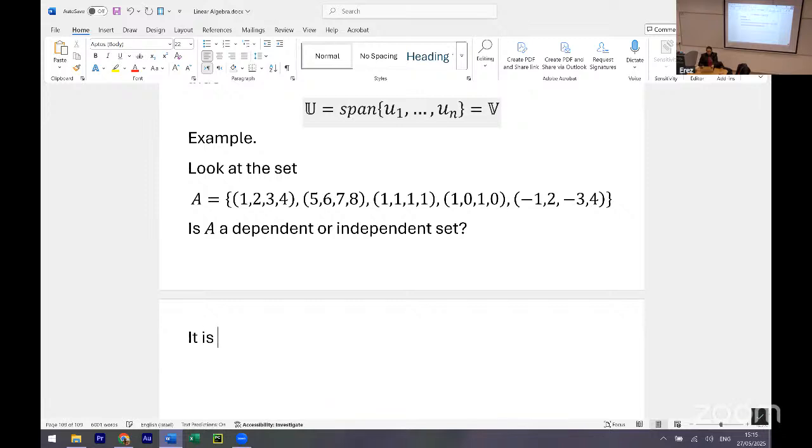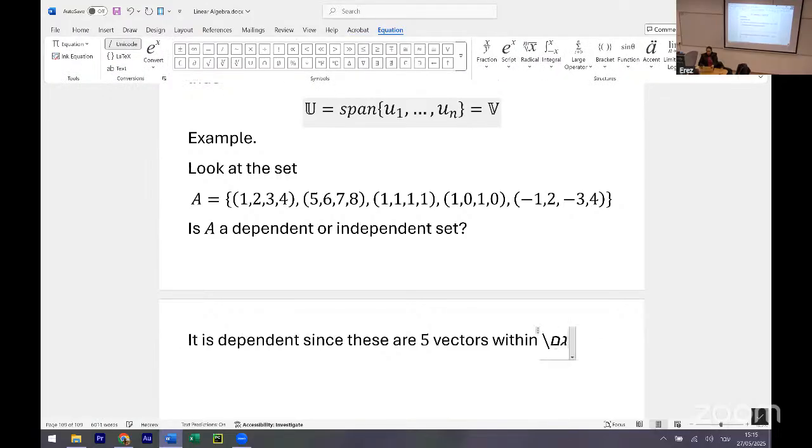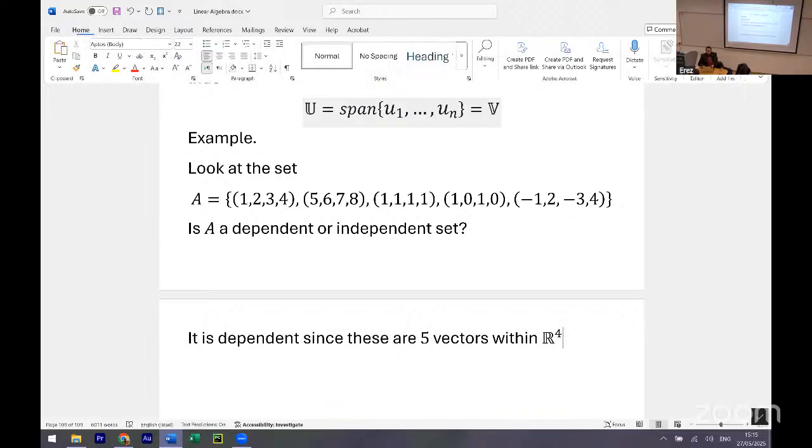It is dependent since these are 5 vectors within R4. And what is the dimension of R4?